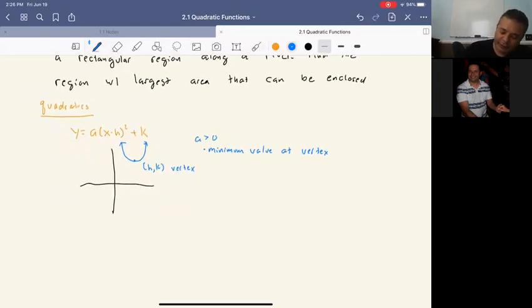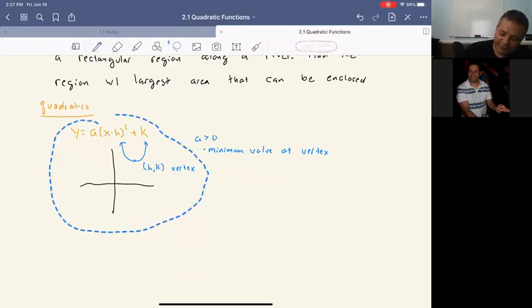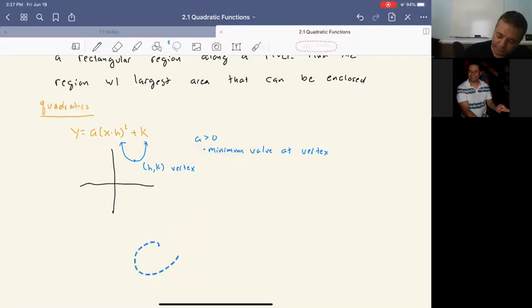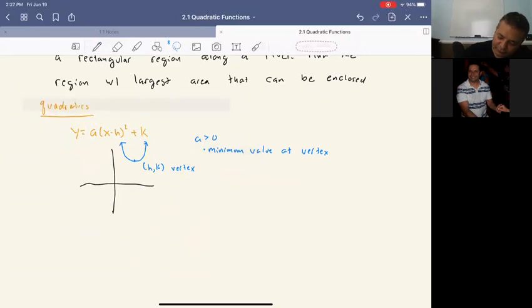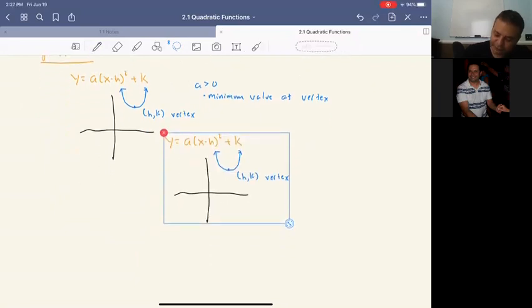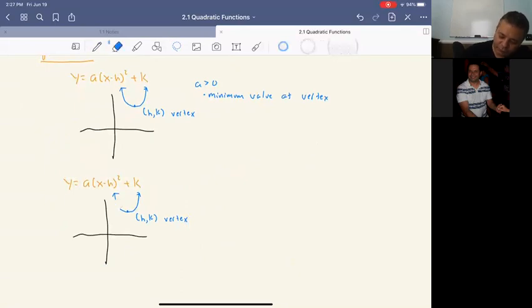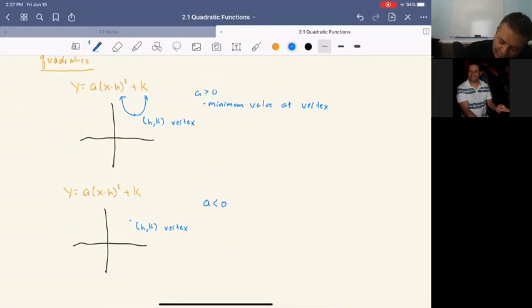Now, if a, on the other hand, is less than 0, then we have something that looks like so, and we have a maximum value at the vertex.